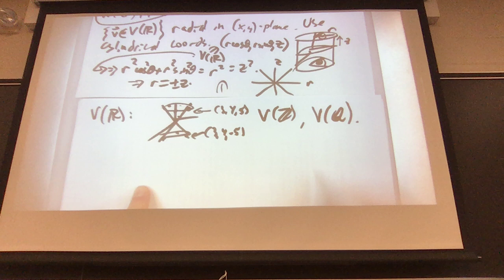Lemma: for every rational solution, for every vector V in this variety over the rationals, there exists a unique W in the integer solutions which is primitive, and there's one other thing I have to say, with W equivalent to V. We're going to define all of these things.